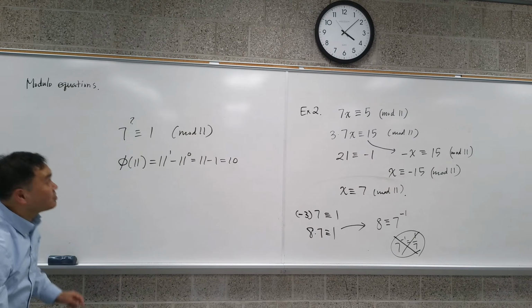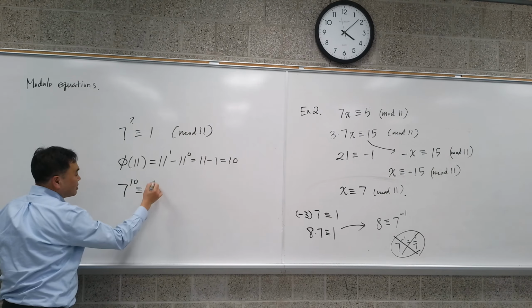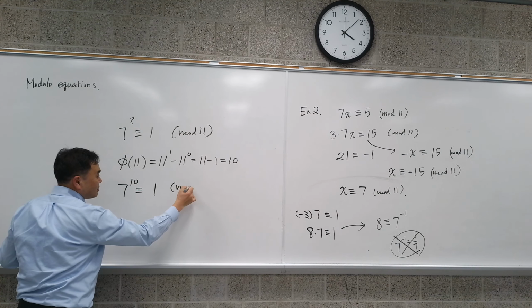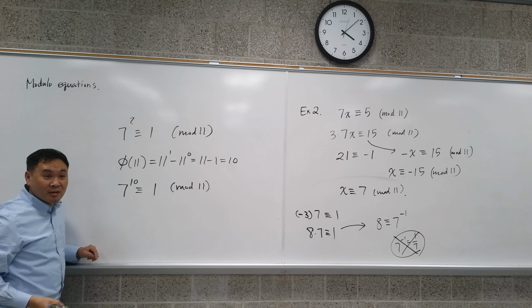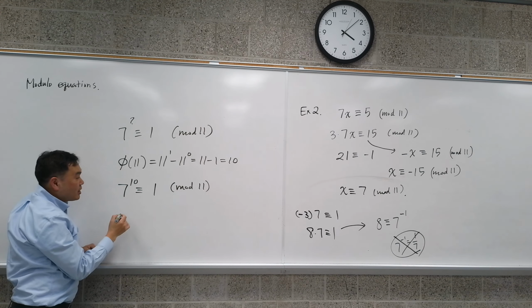So what that means is that if we do 7 to the 10th power, that's going to be 1 mod 11. Right? Which means that if we do 7 times 7 to the 9th power, that will give you 1. So as long as you have a prime, because of Fermat's theorem, you can always come up with such a number. 7 times 7 to the 9th power is 1.